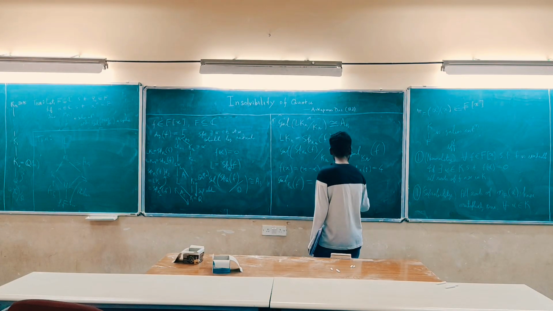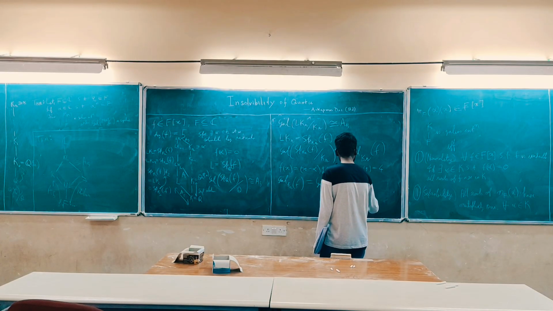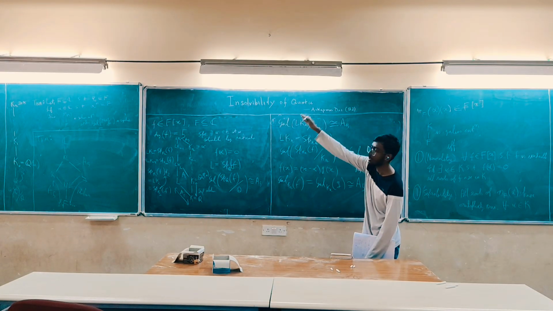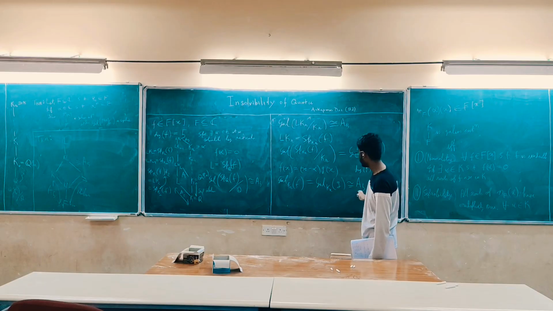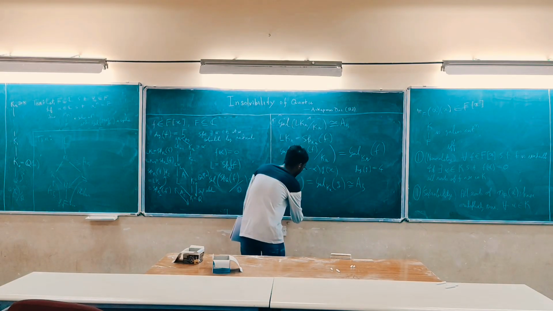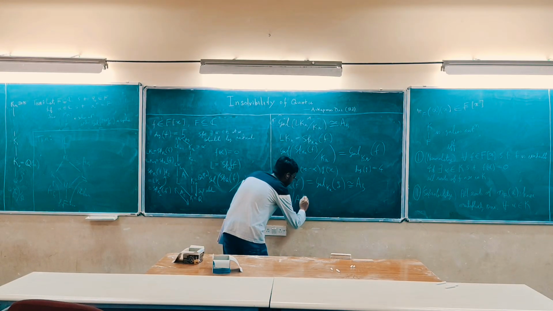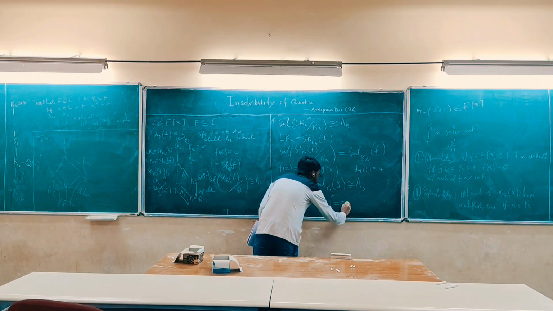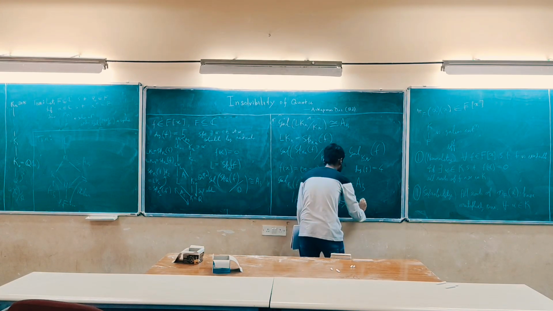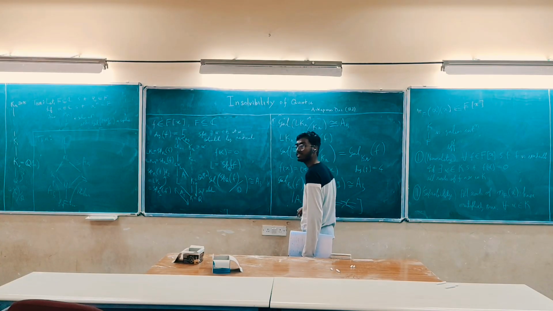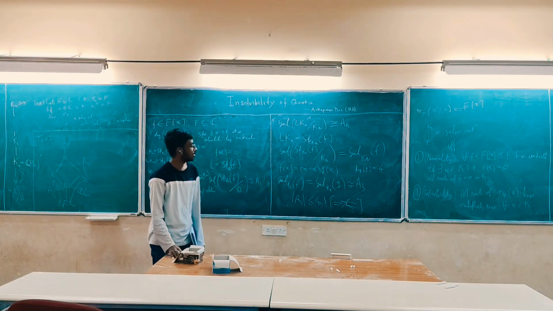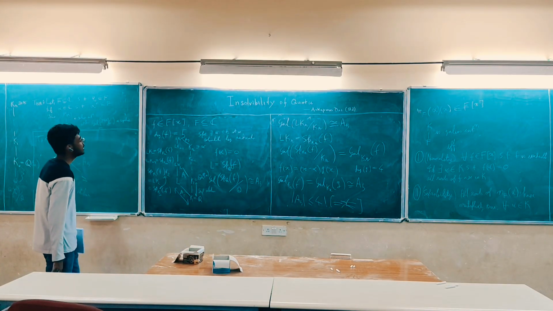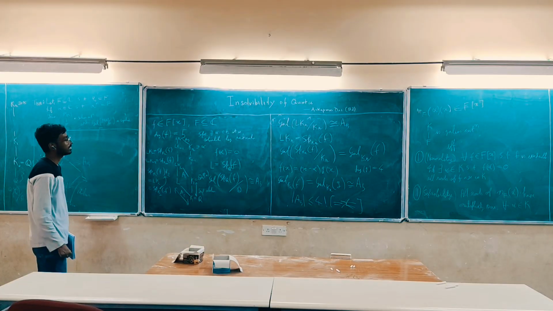But we know this is isomorphic to A5. So what we get is that the cardinality of A5 equals 4 factorial, and this is actually a contradiction. This is 24 and this is 60. And so the contradiction is that such an alpha does not always exist.